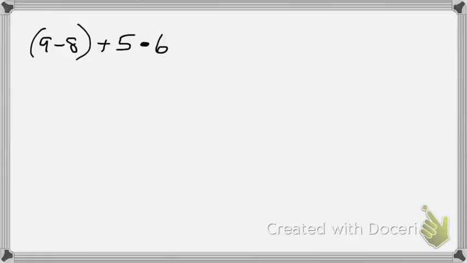Okay, let's try again. We have 9 minus 8 in parentheses plus 5 times 6. Step 1, we're going to do the operation that's in parentheses, which is 9 minus 8. And 9 minus 8, we're going to do that in our head, and we get 1. Write the rest of the problem out exactly as it appears in the original, plus 5 times 6. Then, Isaac, we're going to do exponents.